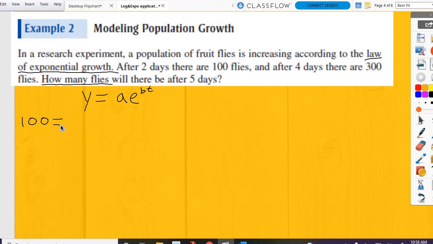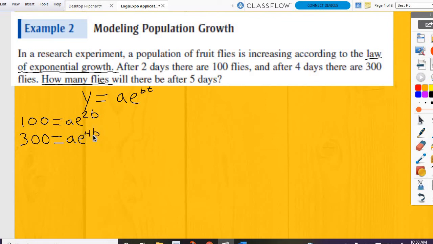So we would have 100 equals A times e to the 2B. Agree? Now, what would my other set of information give me? 300 equals A times e to the 4B.